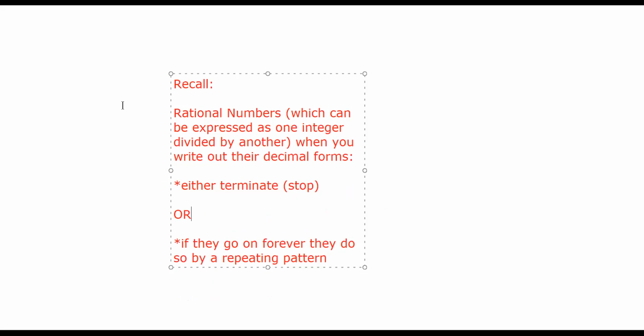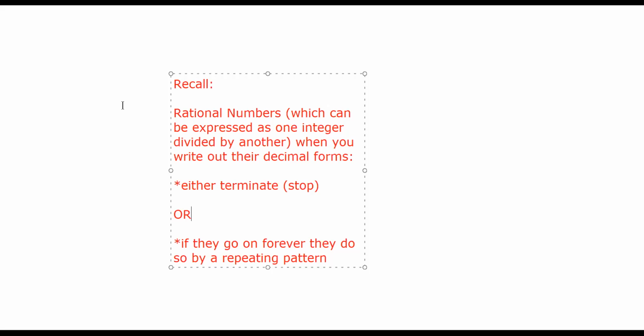The number 12 stops. There's nothing else to say about 12. It doesn't go on forever. It's just 12. That's a rational number. But if it goes on forever but repeats, 0.333333333333, that's still rational. It can go on forever. That's fine. 0.166666666, which is 1/6, that is still a rational number.